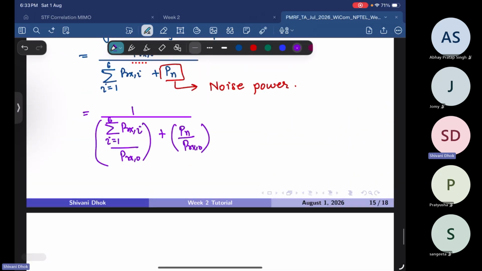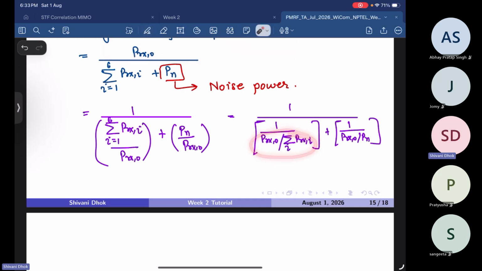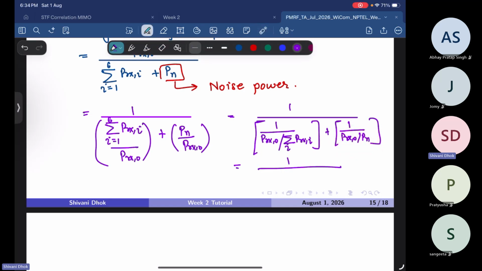Now this I can equivalently write as 1 over 1 divided by PRX 0 divided by summation i PRXi plus 1 divided by PRX 0 divided by Pn. Now this quantity by definition is the signal to interference ratio, and this quantity is basically signal to noise ratio. So this we can write as 1 upon 1 by SIR plus 1 by SNR.